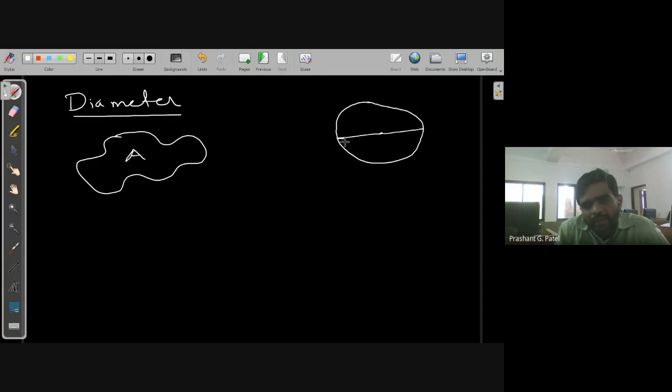Let's say this is the diameter. Then what is actually a diameter? The diameter is the length of the longest chord. But what is the longest chord? The longest chord is the maximum distance between any two points on the circle. The same concept we can apply here, and we can define a supremum because it is the longest distance.